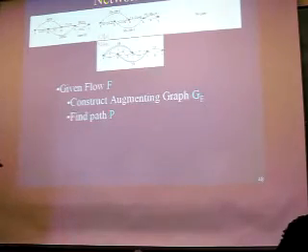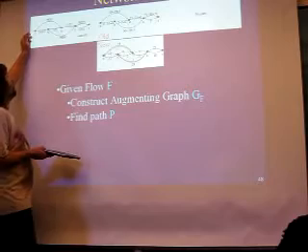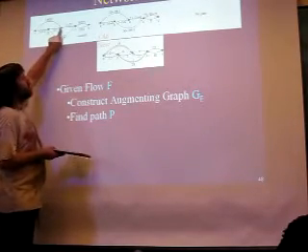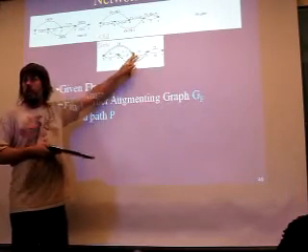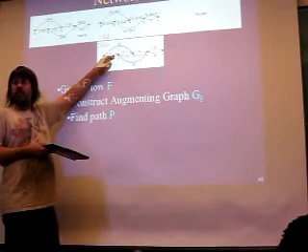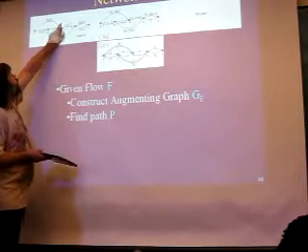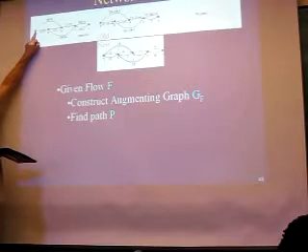But that didn't work very well for us. So our new augmentation graph will say, look, we're allowed 2 in this direction, and we have 2 in this direction. So we can push 0 more forward, but we can push 2 in this direction. Similarly, this edge, we can push 1 forward, or we can push 19 backwards. People can see that?